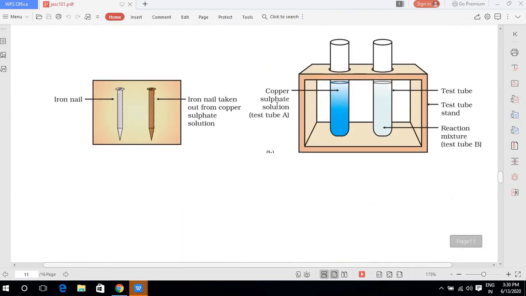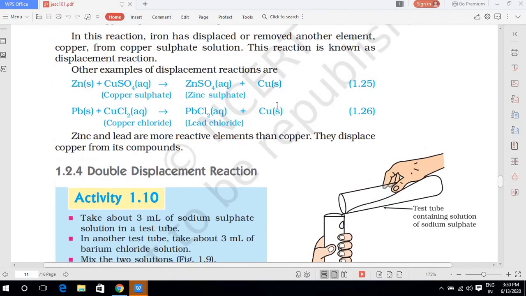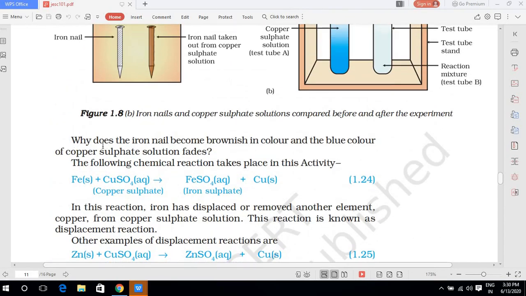Such as this example of displacement reaction here. When iron reacts with copper sulfate, the sulfate SO4 group from the copper sulfate will go to the iron group.